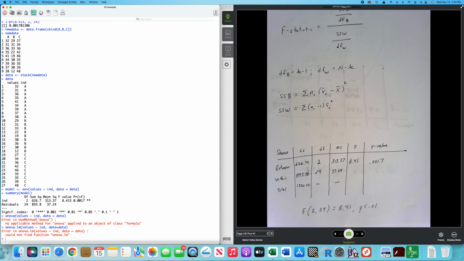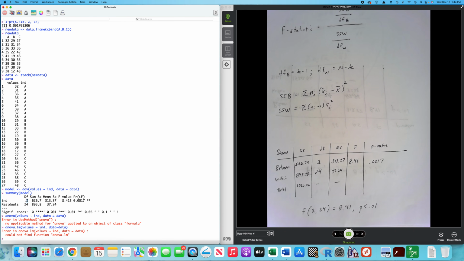And it's not a major task to add the sums of squares to get the sum of squares total. But there is a way, and I forget what it is because they've switched this stuff around, to actually get an output with the sum of squares total.